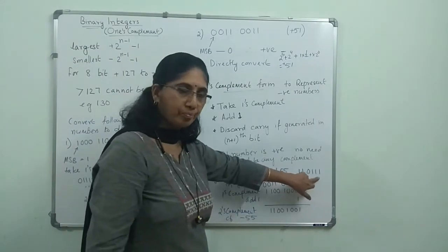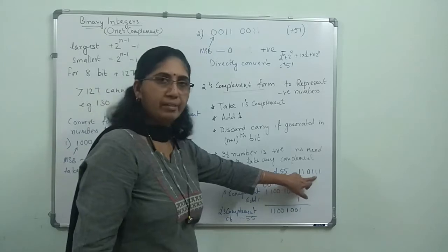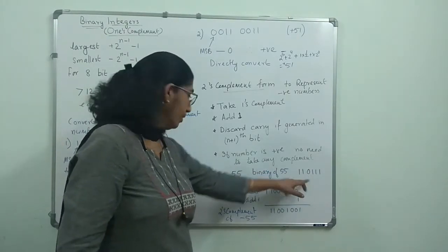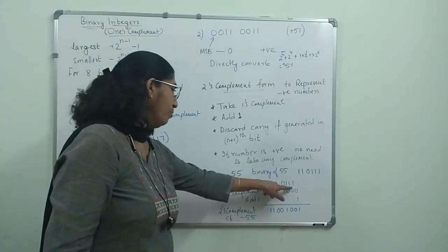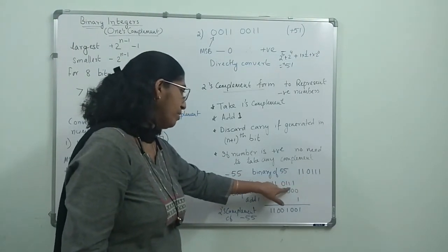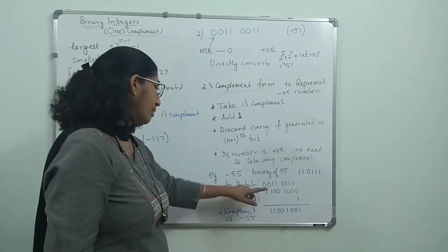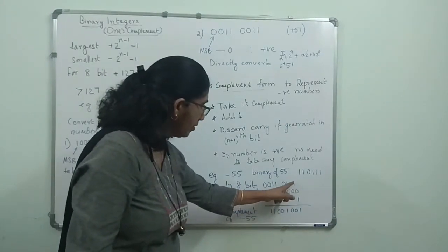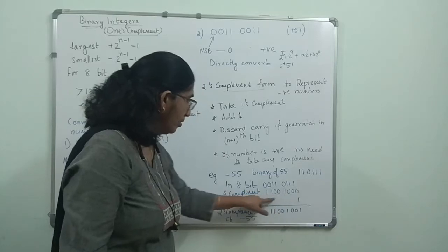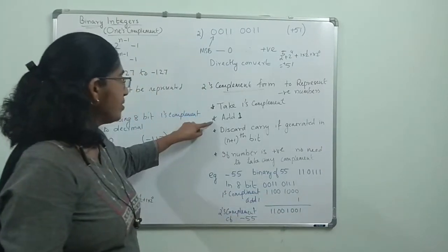We have to convert this again into the 8-bit format. So the 8-bit format of plus 55 is there. Next step is take 1's complement. Taking 1's complement, you have changed 1 to 0 and 0 to 1. You got this. The next step is add 1.